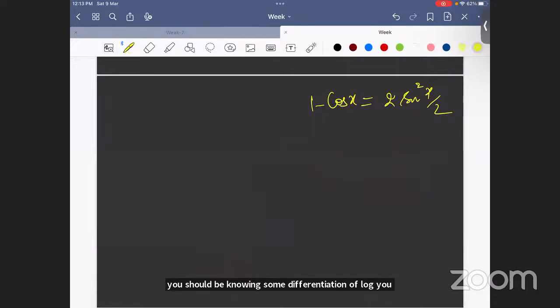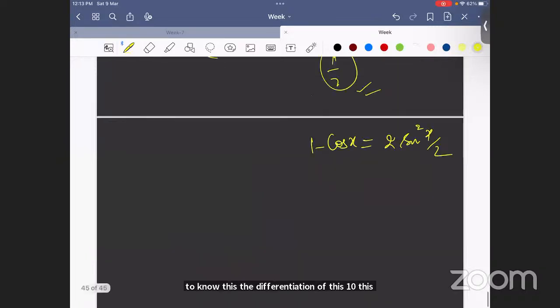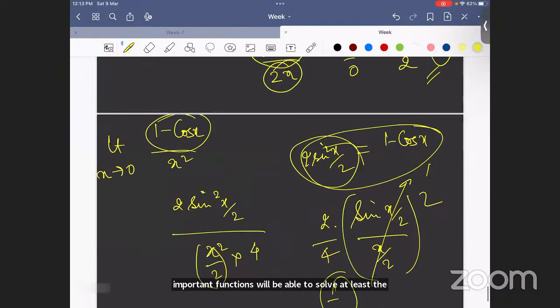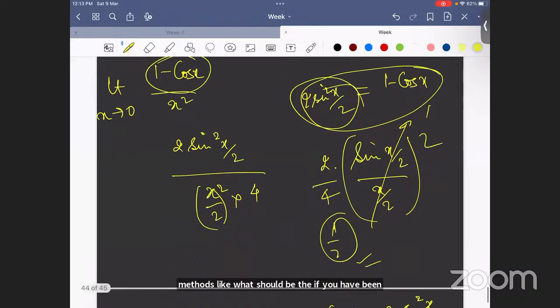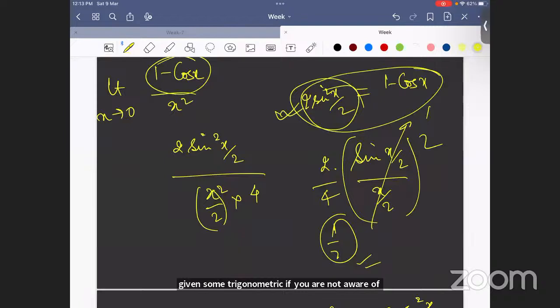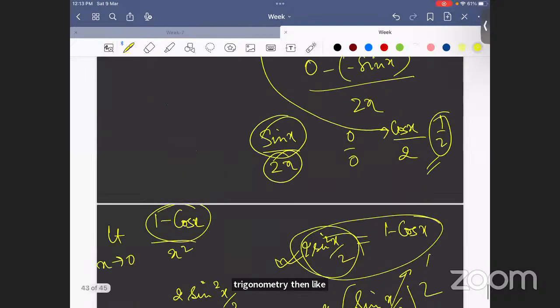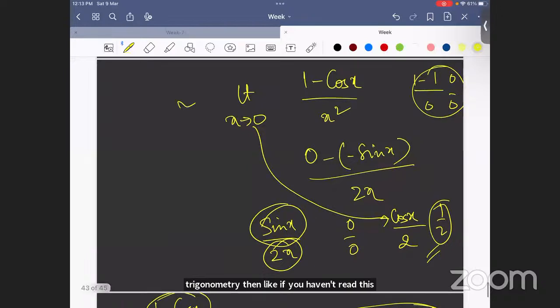If you know the differentiation of these important functions, you will be able to solve the limit problems without using other methods every time. If you haven't revised trigonometry recently, you'll not be able to know this, so it's better to solve with this method.